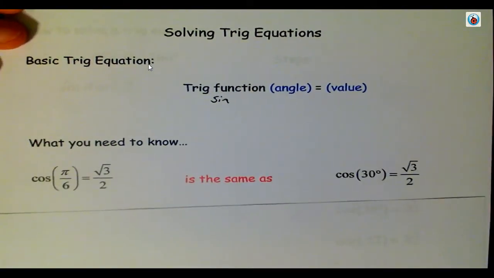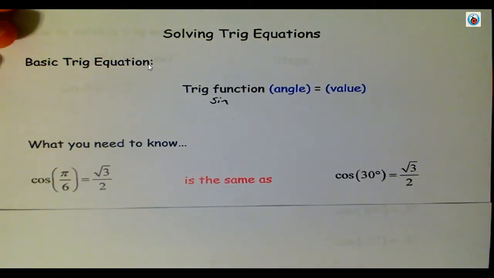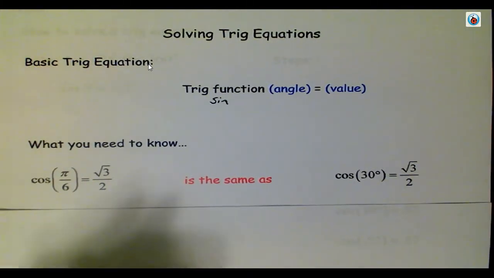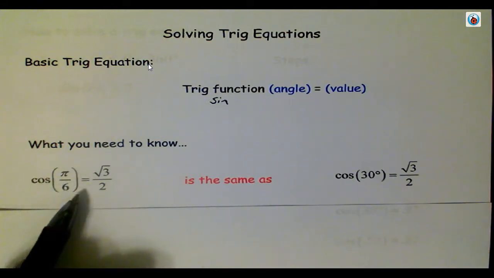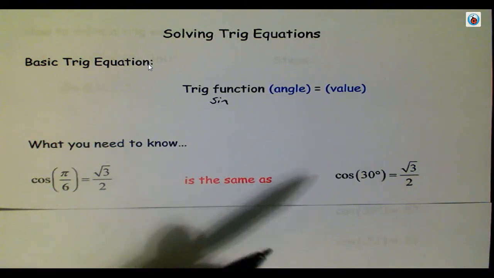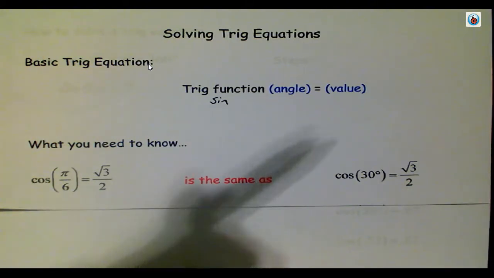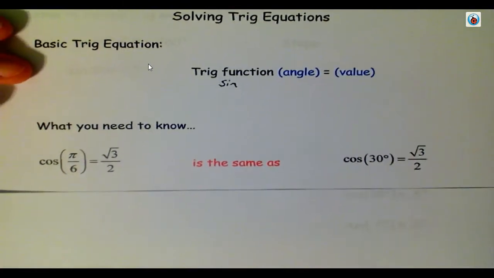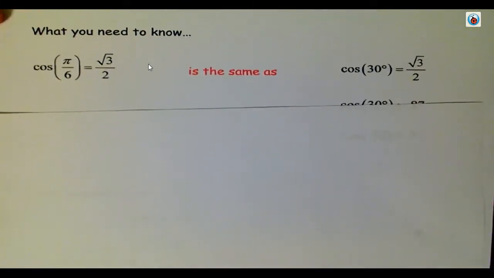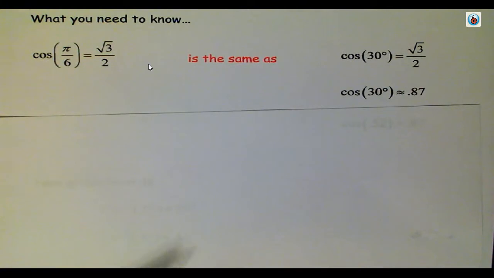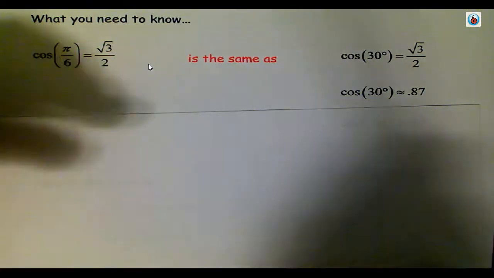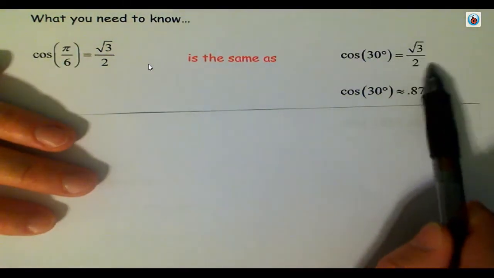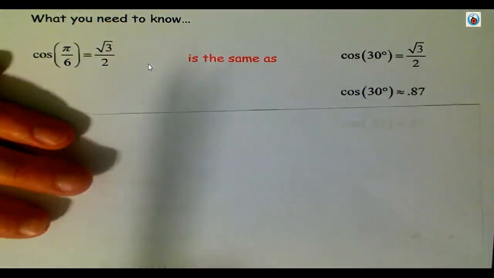What you need to know. First thing that we need to kind of realize is that cosine of pi over 6 equals square root of 3 over 2 is the exact same thing as cosine of 30 degrees equals square root of 3 over 2. And it's the exact same thing as cosine 30 degrees is approximately 0.87. Okay, and that's just the decimal value of this fraction, right?